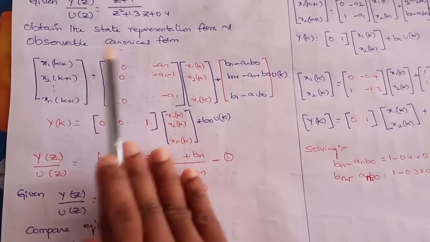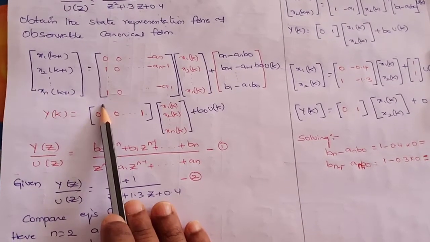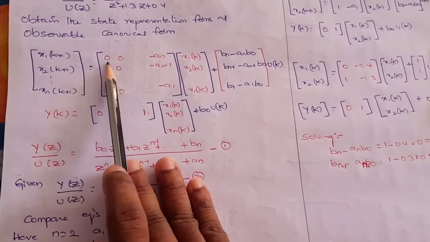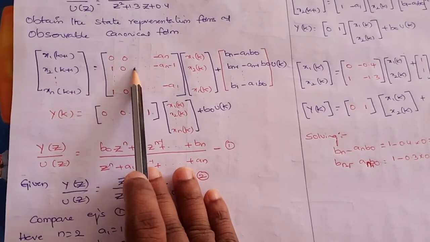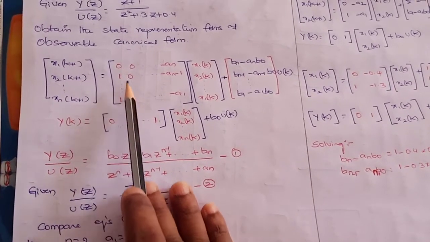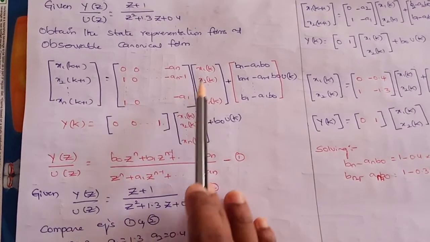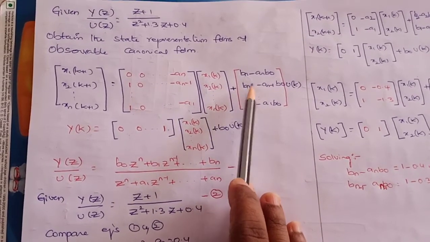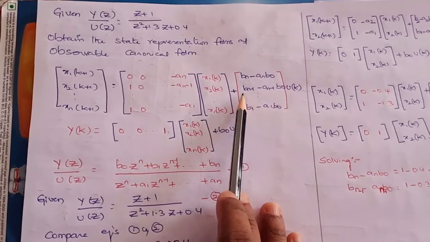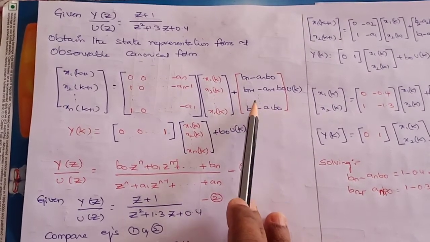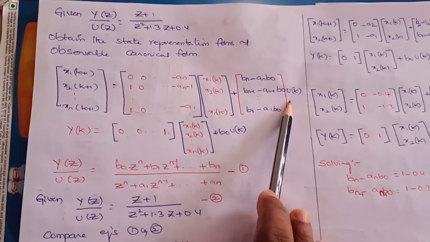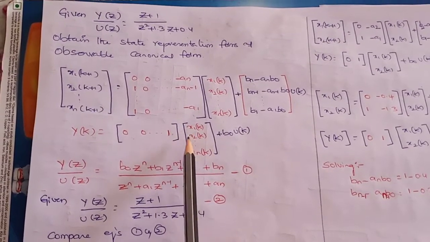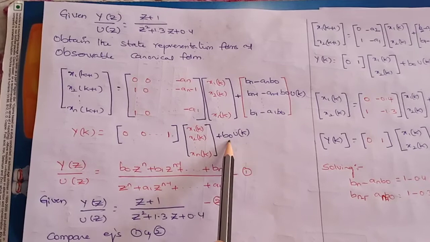So observable canonical form is a standard representation in state space: x1(k+1), x2(k+1), and so on up to xn(k+1) equals the matrix with 0 0 up to minus an, 1 0 up to minus an minus 1, and so on up to 1 0 and minus a1, times x1(k), x2(k), up to xn(k), plus the column bn minus an b0, bn minus 1 minus an minus 1 into b0, bn minus 2 minus an minus 2 into b0, and so on up to b1 minus a1 into b0, times u(k). And y(k) equals 0 0 up to 1 times x1(k), x2(k) up to xn(k), plus b0 u(k).